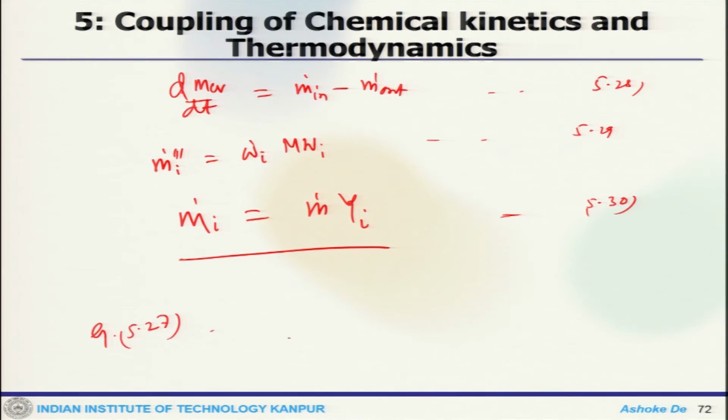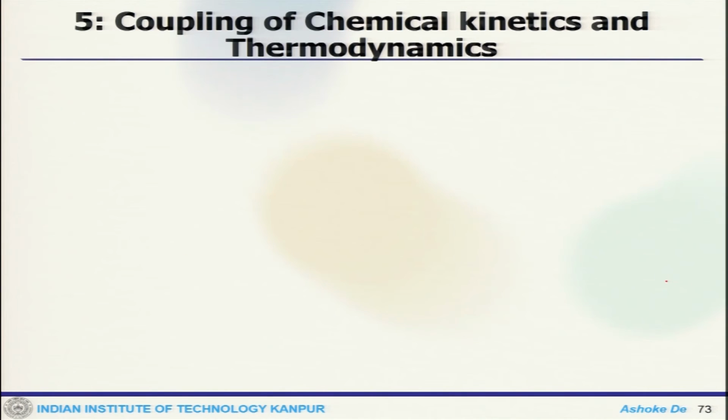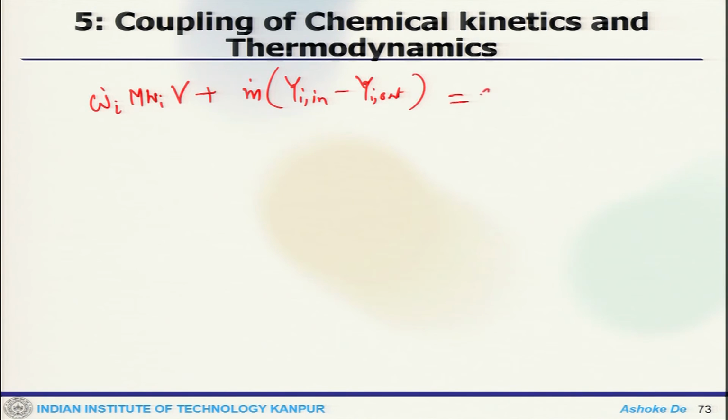So, now combining this equation, combining 5.29, 5.30 and 5.27, one can write that omega dot I molecular weight of I V plus m dot (y I in minus y I out) equals 0, I equals 1 to n.